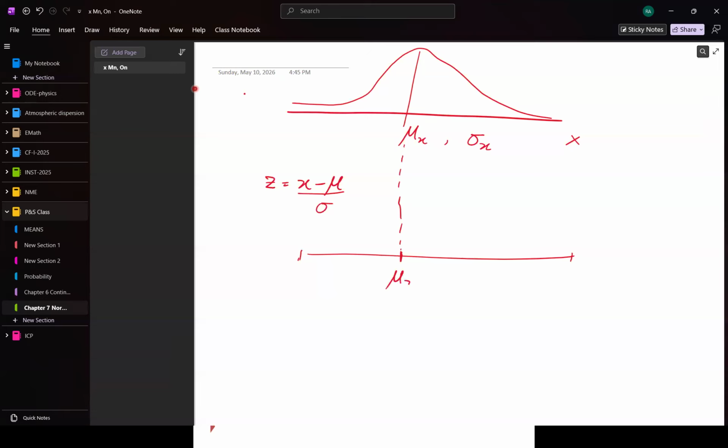So it means mu of the z distribution will be equal to 0 and sigma will be equal to 1. Therefore, our calculation strategy will be from x variable to z variable, and then we will calculate the probabilities, and then we will transform back to x for our interpretation.